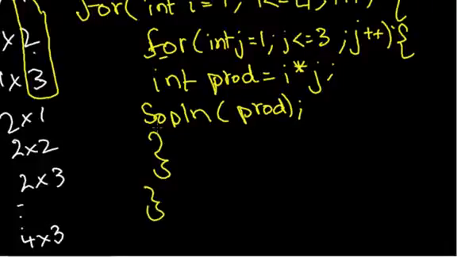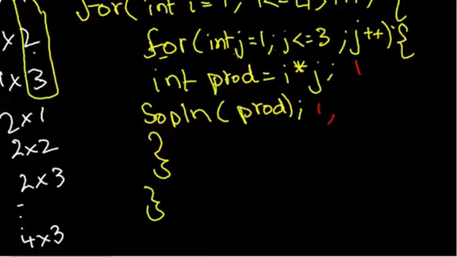Now let's try running through this program. When i is 1, it comes here, j is 1, 1 into 1, that's 1, so it will print 1. Now it's still in this loop. This i loop will not go into its next iteration till the whole j loop is run.